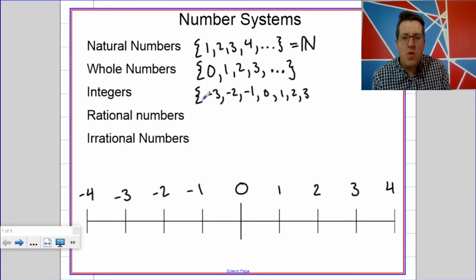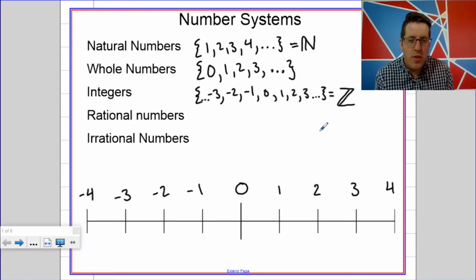And they continue on in both directions. So we throw a little ellipsis or a ... on both sides. Now, the shorthand for that is this bold Z. So we draw a Z kind of with 2 lines in the middle.